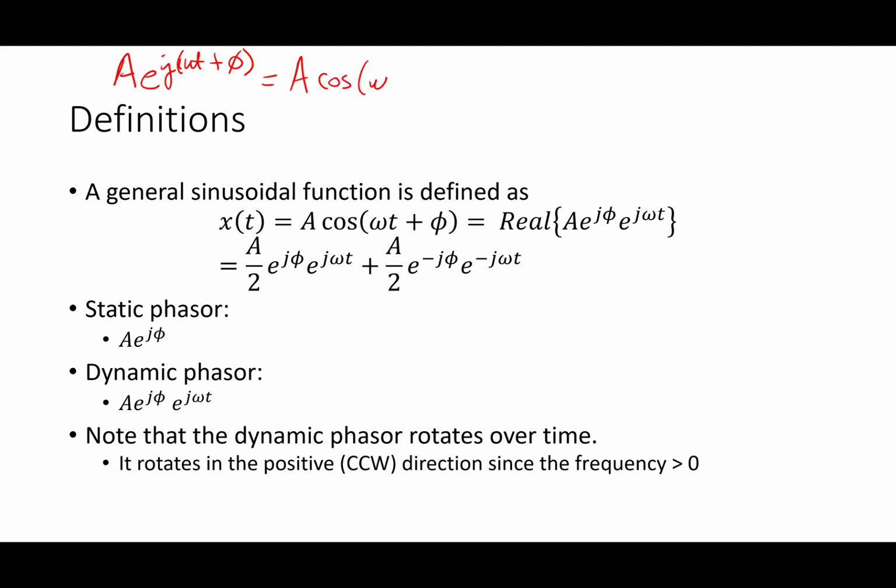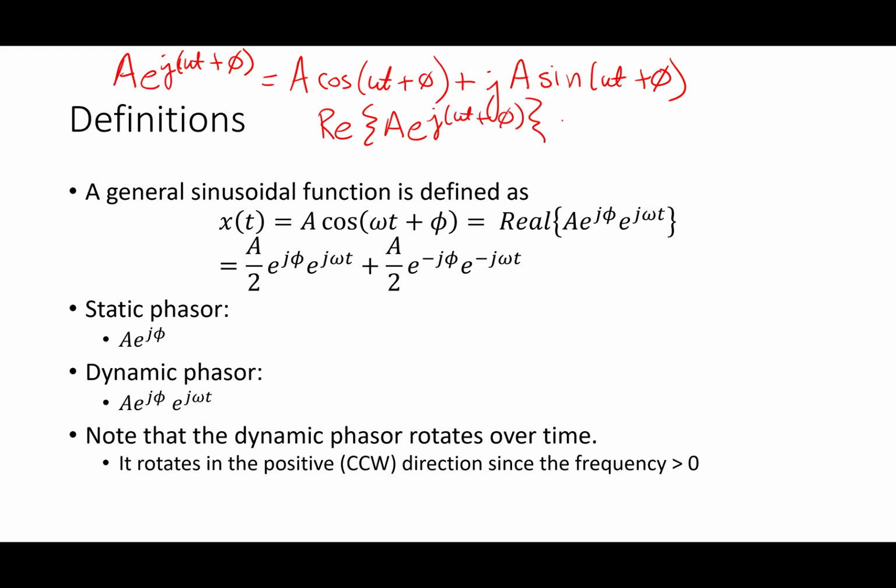Omega t plus phi plus what? Plus j times a sine of omega t plus phi. Okay, so if I ask you what's the real part of a e to the j omega t plus phi, what's the real part of that? It's the cosine part.